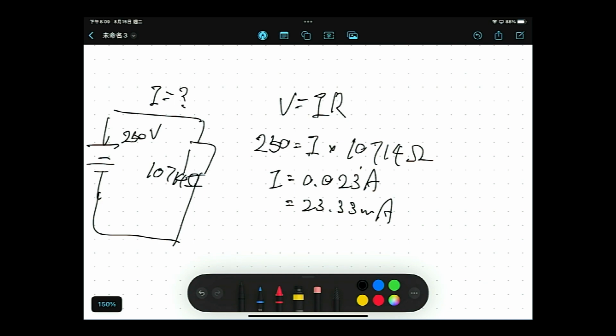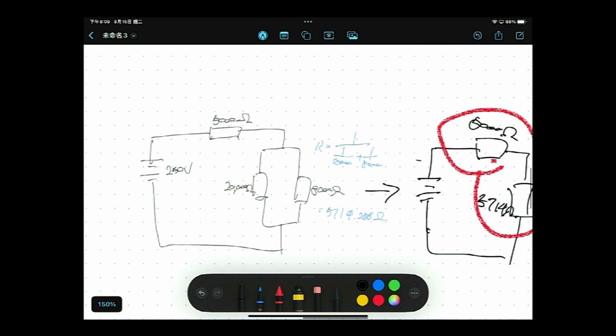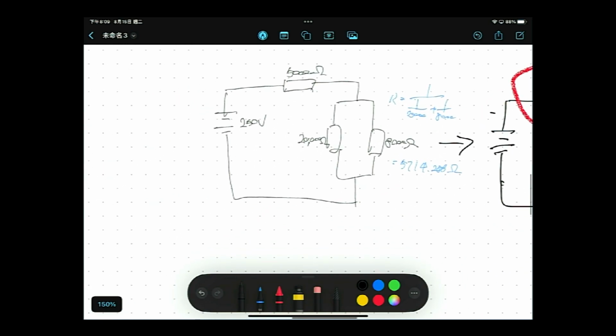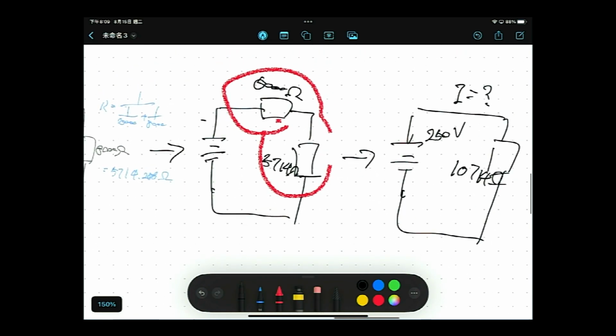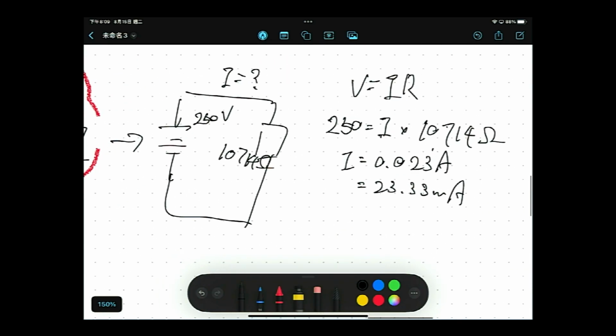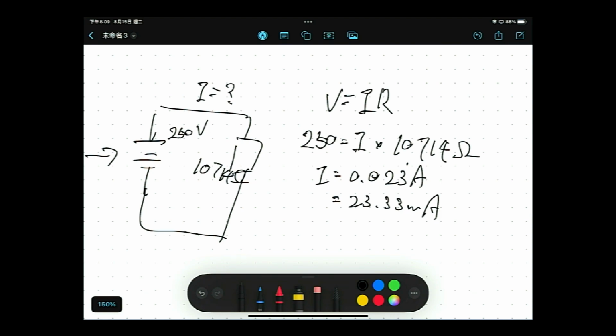If you know how to convert this circuit one by one, then you score at least 2 to 3 points. Why I say 2 to 3 points is because they may not ask you for the current directly. Sometimes they may trick you, like this one.